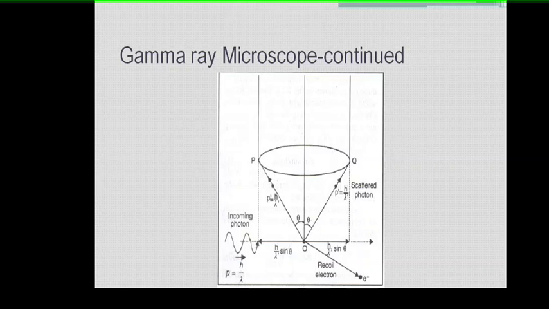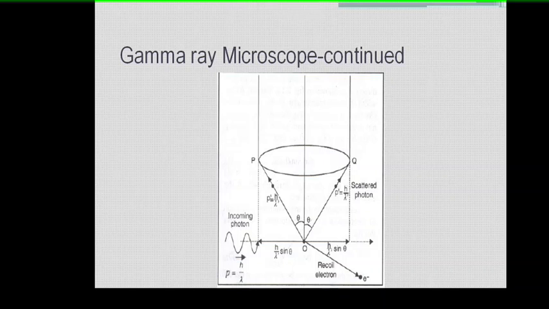The scattered photon may enter the microscope along the surface of the cone whose semi-vertical angle is theta. Suppose this photon is moving like this along the conical shape of the microscope.